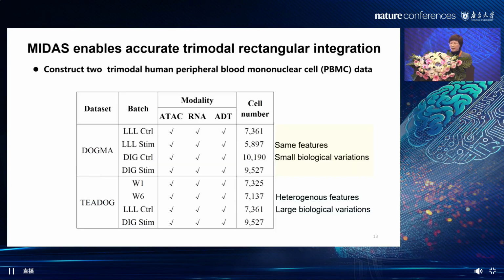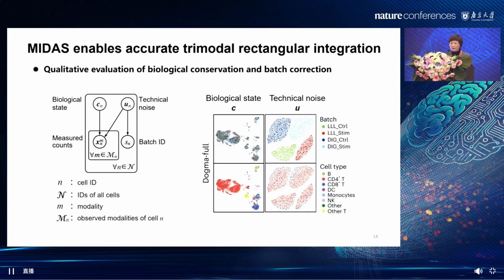We first evaluated MIDAS on rectangular integration tasks, where all batches contain all three modalities. We constructed two trimodal human peripheral blood mononuclear cell datasets. These UMAP plots show the latent variables inferred by MIDAS on the dogma-4 dataset.